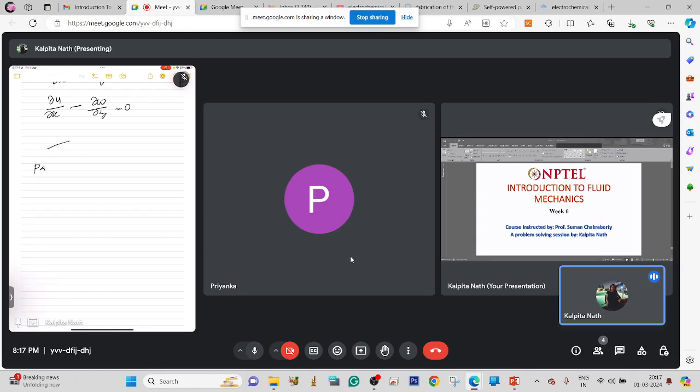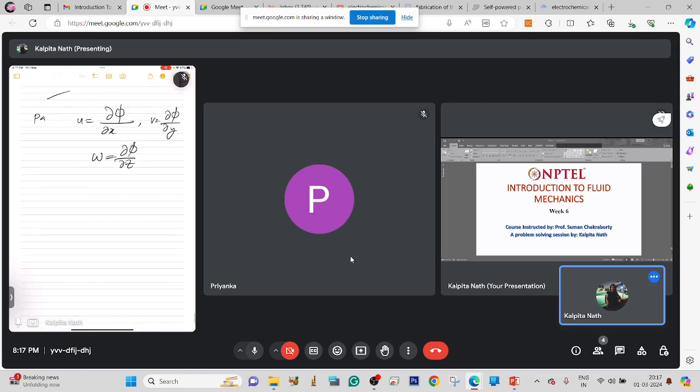If we do the analysis, we are defining the velocity potential. If we define velocity potential, u is given as del phi del x, v is given as del phi del y, and w is given as del phi del z. So the velocity potential can be established for three-dimensional flow as well.